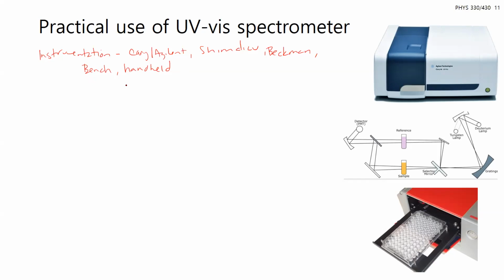It's worth noting that fancier UV-vises will have double beams, which I show here, where you can place a sample and a reference at the same time and detect the signal from both. If you have a time-dependent process or a more sensitive sample, measuring the reference at the same time as the sample can reduce the noise if there's environmental noise. But those are going to be more expensive instruments.